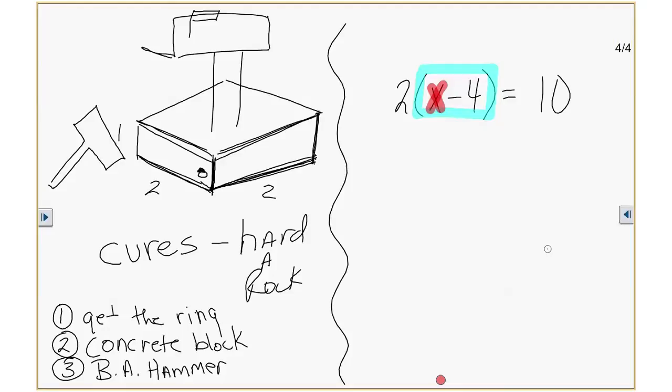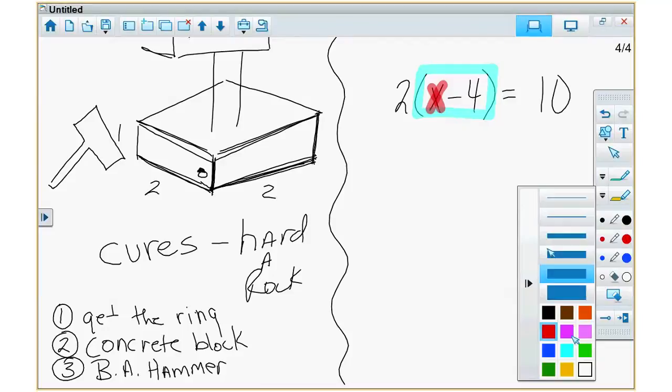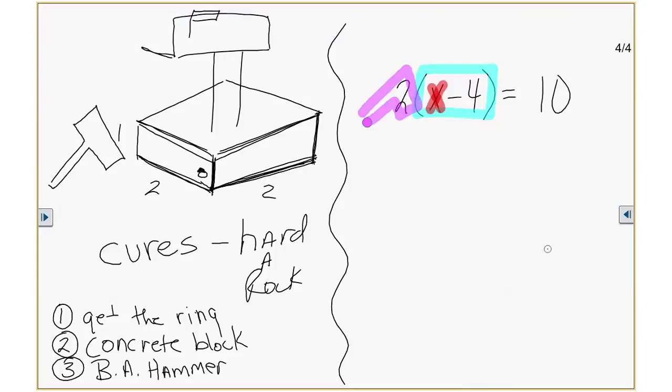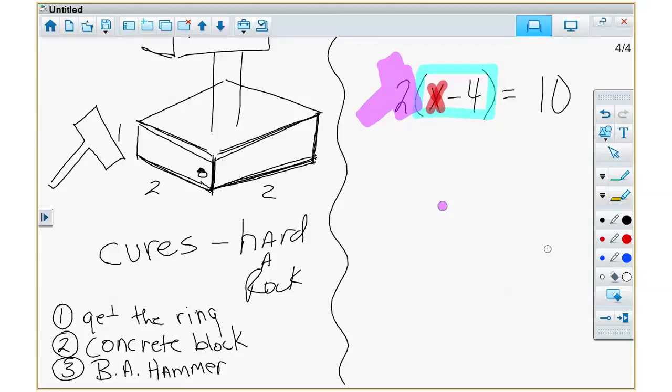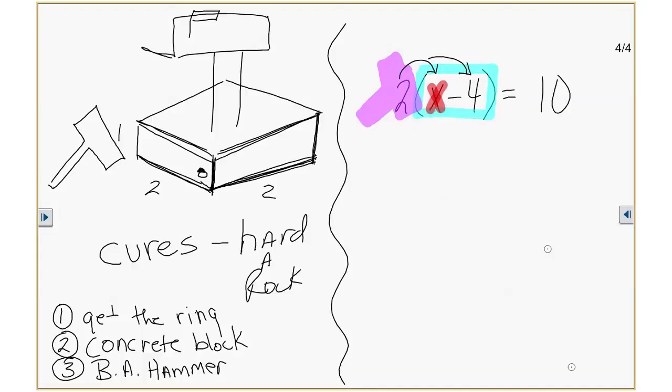And what is that 2? 2 is the hammer. Yep. 2 is the hammer. Because you can't do anything with this X until you bust up the what? Bust up the concrete. And that's called the distributive law.